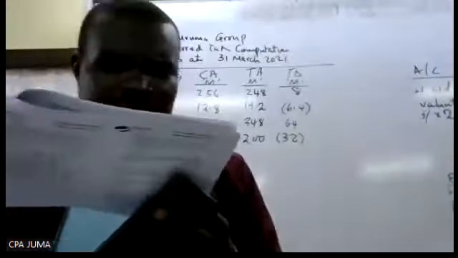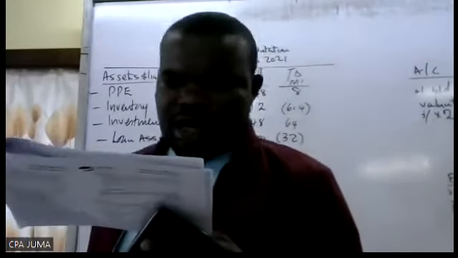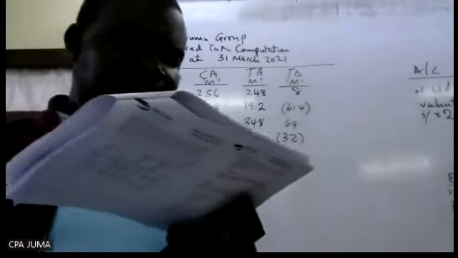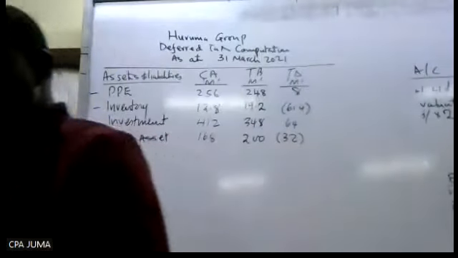Next. Number 5. Huruma Limited has unrelieved trading losses of 20 million as at that. Okay.